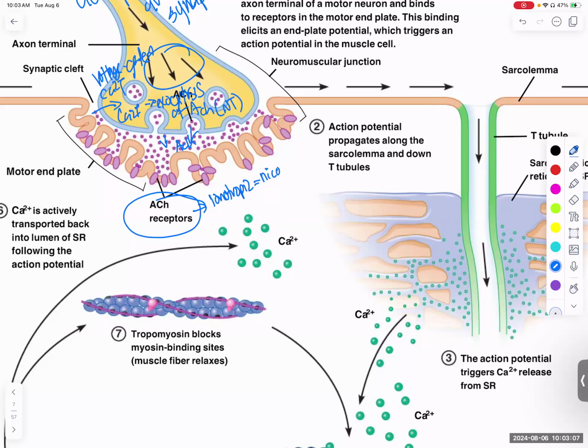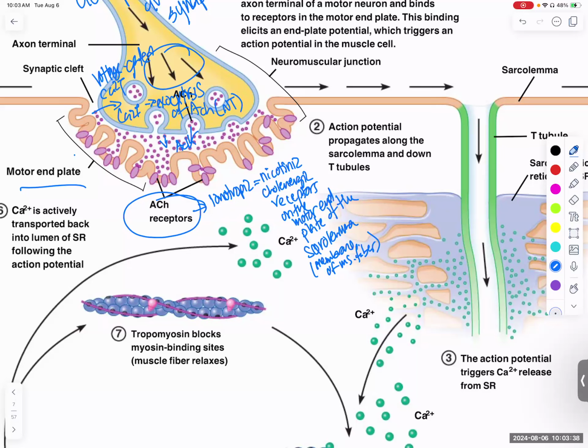They are nicotinic cholinergic receptors on the motor end plate of the sarcolemma, which is the cell membrane of the muscle fiber. So the motor end plate has the nicotinic cholinergic receptors.